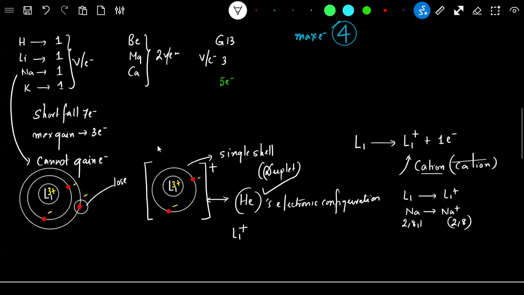So it has just taken the electronic configuration of neon. Then potassium was 2,8,8,1, potassium became 2,8,8. So this became K plus and it became 2,8,8. So if you look at this, this is the structure of helium, this is the structure of neon, and this is the structure of argon.